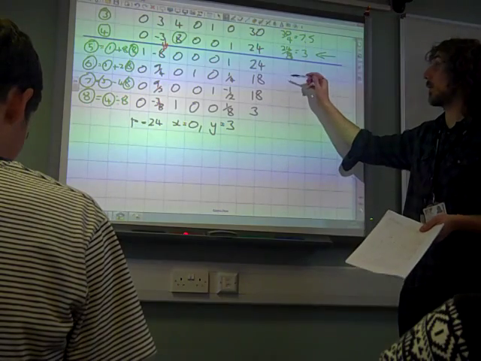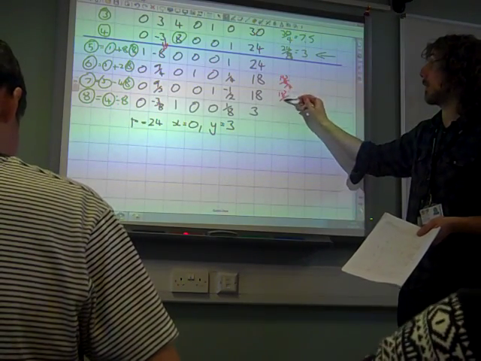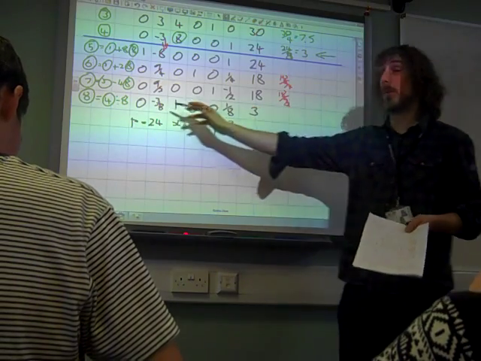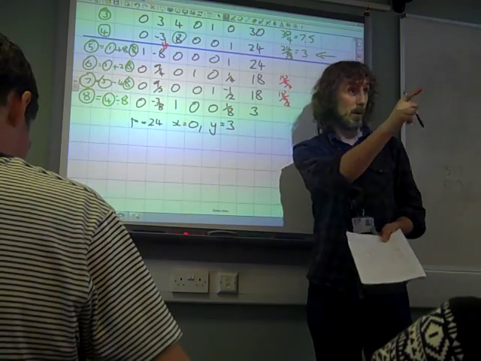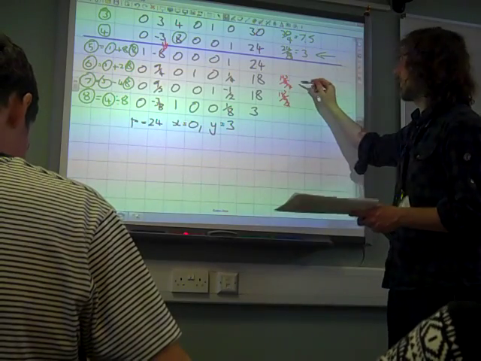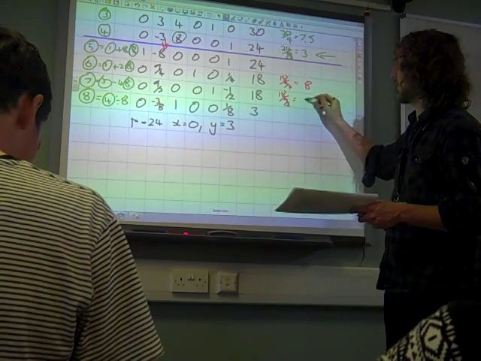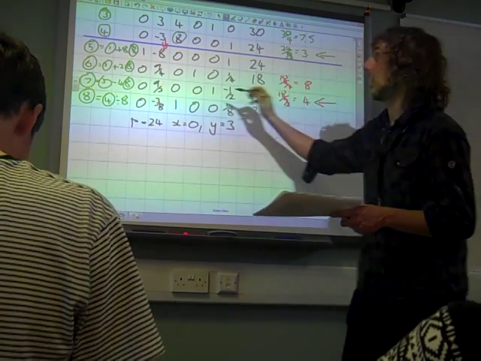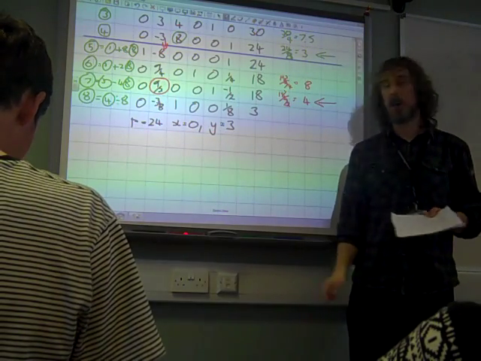When we calculate these values, we're going to do 18 divided by 9 over 4. We're going to do 18 divided by 9 over 2. We're not going to do 3 divided by minus 3 over 8, because that would involve dividing by a negative. We don't do that. These give us values of 8 and 4. That one's 8, that one's 4, that one's the smallest. So there is our pivot.